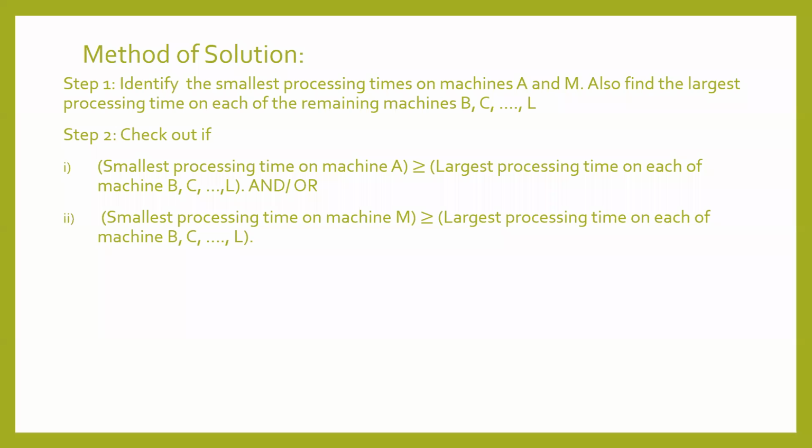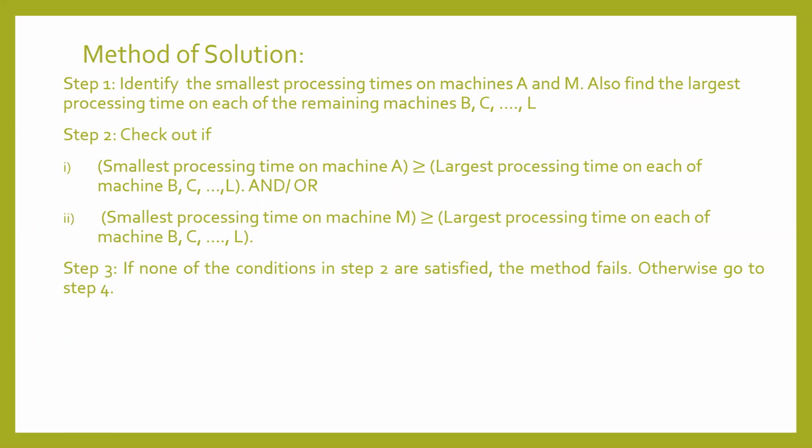So either one of the conditions or both can be satisfied. If not, then you cannot go ahead and apply Johnson's rule to solve this problem, and it cannot be solved.